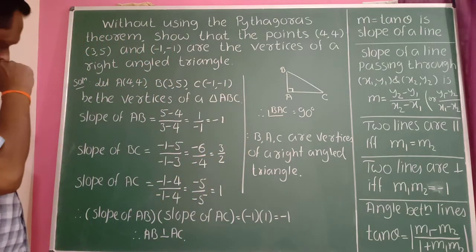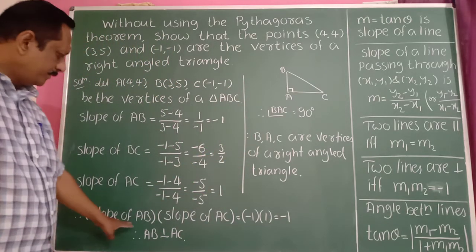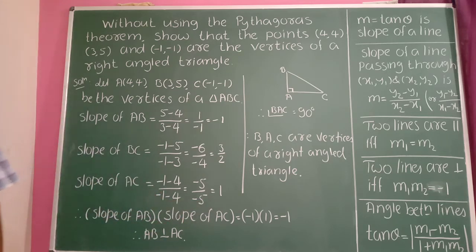The product of the slopes is minus 1, hence we can say the two lines are perpendicular. Here, two sides are perpendicular. Hence, angle A is 90 degrees. Therefore, BAC or ABC are the vertices of a right angled triangle.